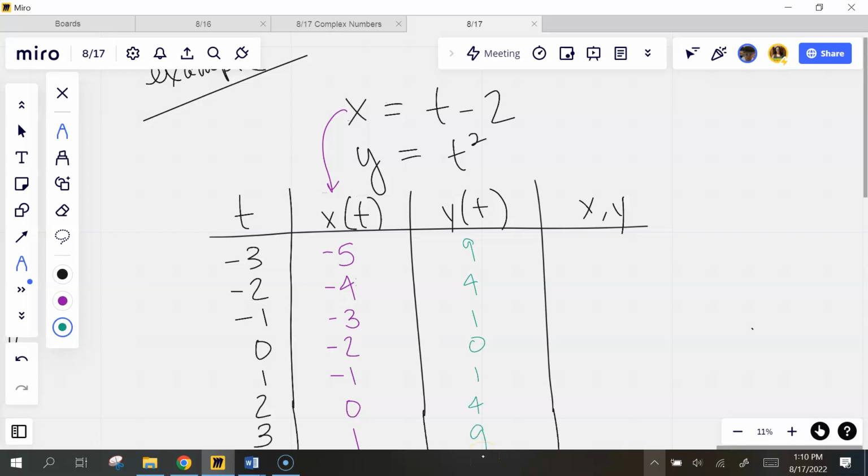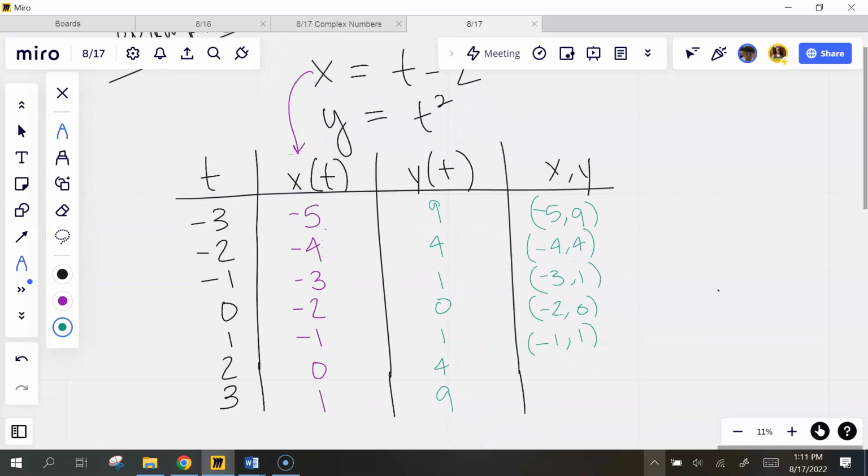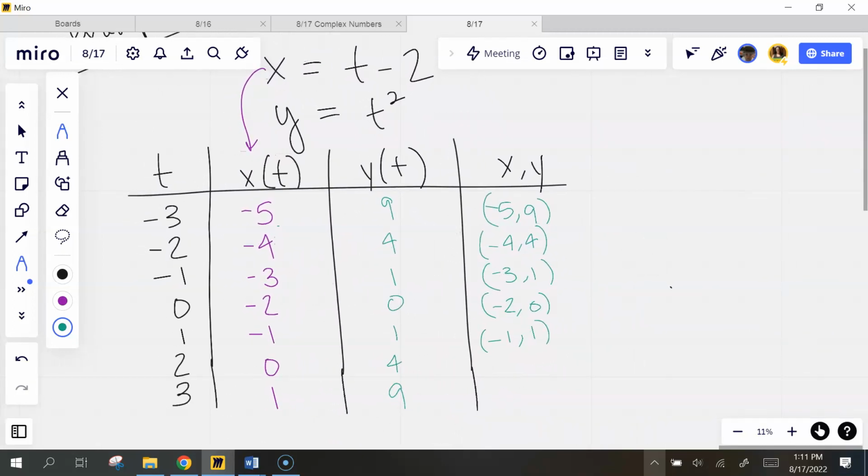So let's put these points together. -5, 9. -4, 4. -3, 1. -2, 0. -1, 1. 0, 4. And 1, 9. Does that confuse anybody?